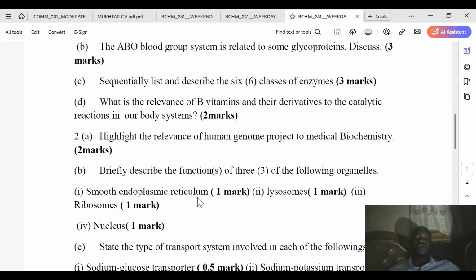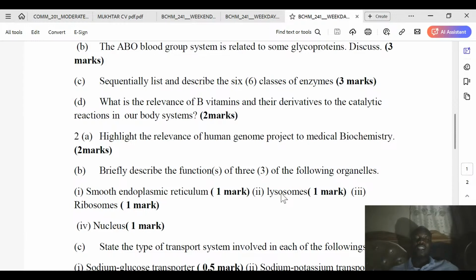And then two, lysosomes. What is the importance of lysosomes? Lysosomes are important in the body to protect you against any foreign organism. Let's say Salmonella typhi gets into your body and tries to penetrate into your cell.